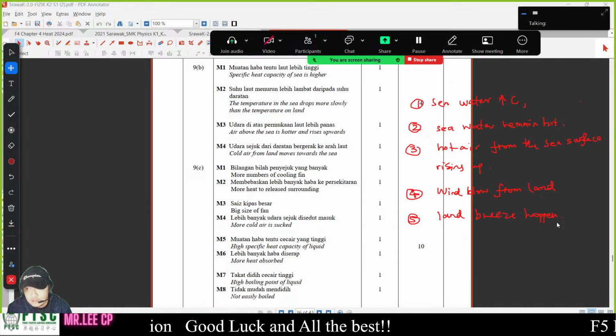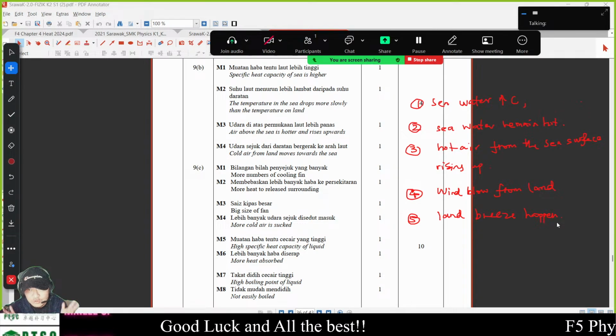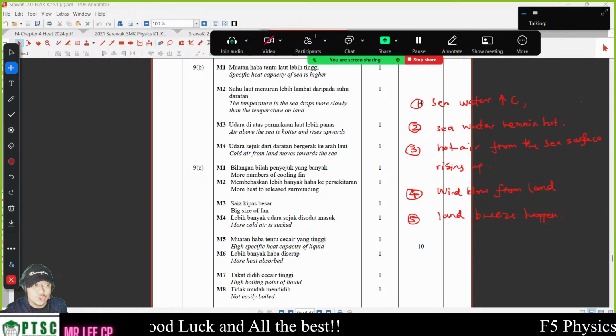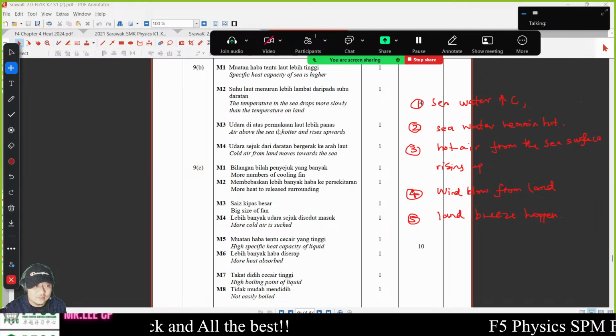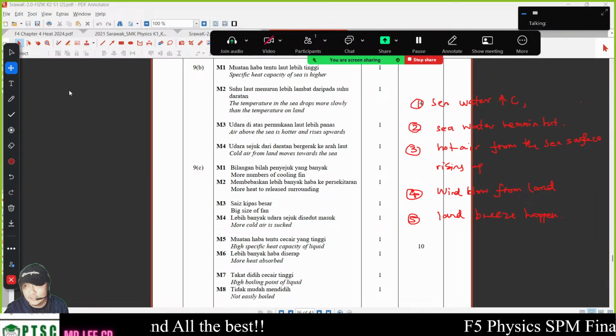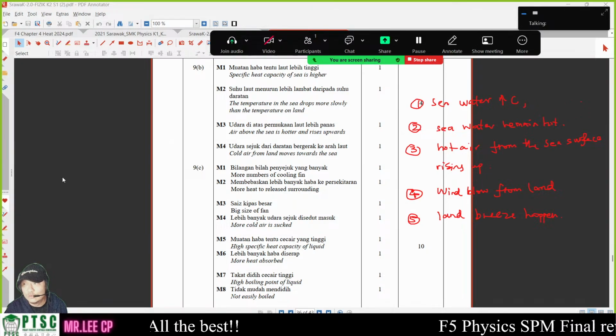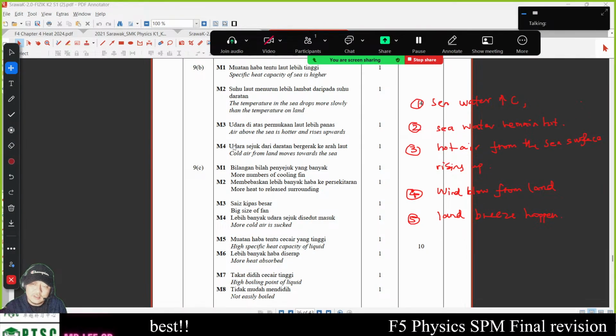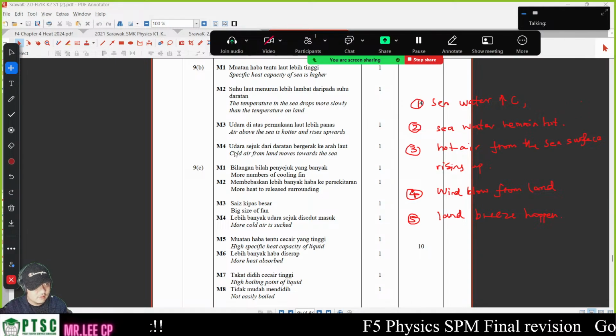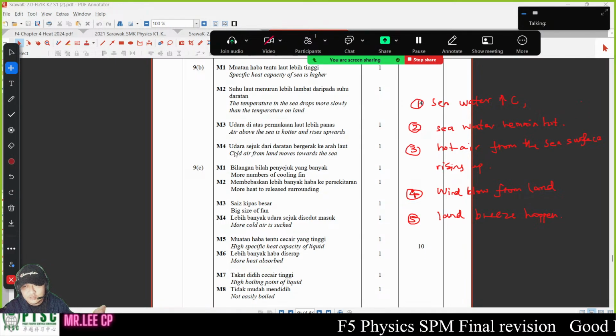So this is how you're going to get a mark. If you cannot, 2 marks is also good. For this question, I already told you how many marks you should get to get the A. If I write density high, pressure, density low, and then pressure low, and then what, no mark.